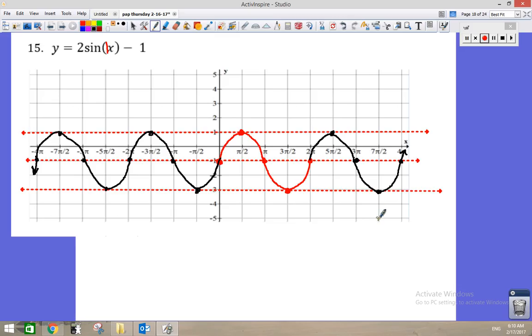Alright, so there's my basic shape for this graph. Well, a sketch of the graph for this function.